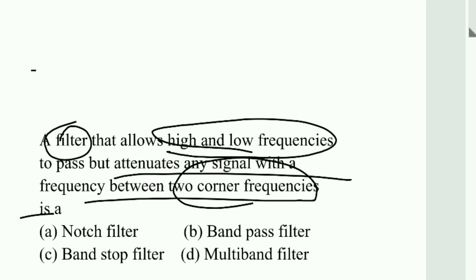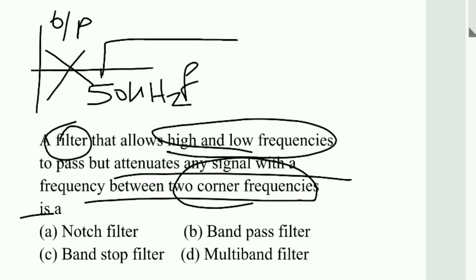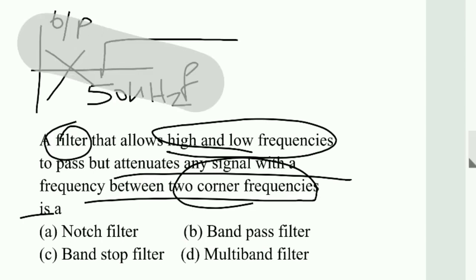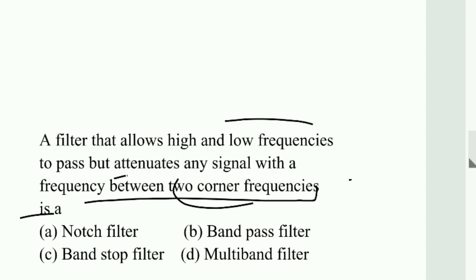Suppose for a high pass filter the frequency is 50 Hz: it will pass the frequencies above 50 Hz and reject the frequencies below it, not letting them pass. This is the output versus frequency graph, right? So now you know what a low pass and a high pass filter is, right? We will see what a band pass filter and what a band stop filter is. So what is a band stop filter?